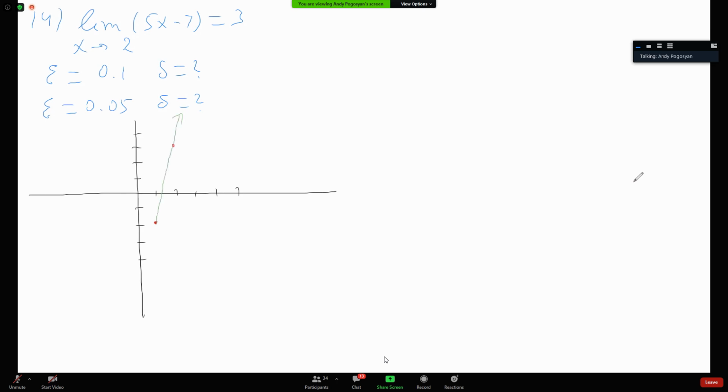This is the graph. Approaching 2 approaches 3. So those are the points.